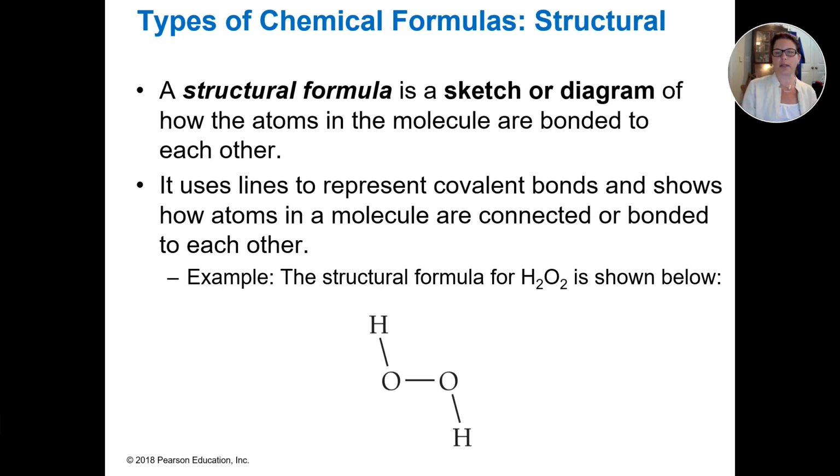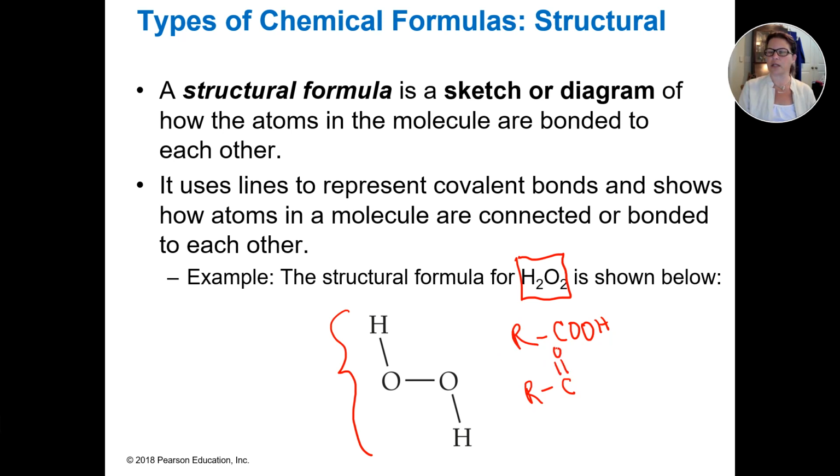Our structural formula is like this. It tells us what's bonded to what. When we see this formula, we're going to have to figure out, well, what's bonded to what? And the structural formula shows us where everything is. So if I have just some R chain, doesn't matter what it is, and I'm looking at this, I can say, all right, I have one oxygen double bonded to the carbon and a hydrogen bonded to the carbon, and not the oxygen bonded to the carbon, and the hydrogen is bonded to the oxygen.